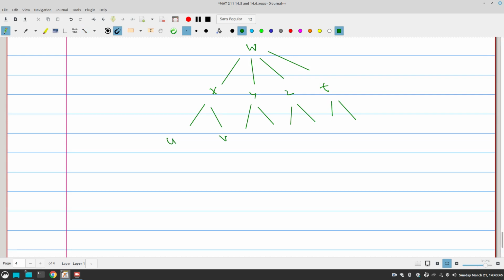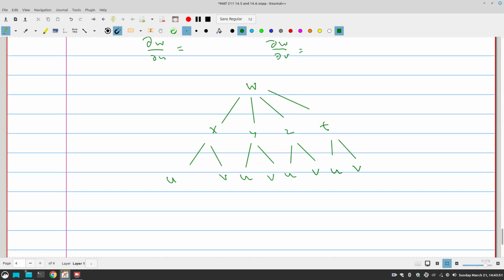If you differentiate along this branch, you get dw over dx. Differentiate along this branch, you get dx over du, and so on. So this is dw over dy, this is dy over dv, and this is dy over du. There's not enough room, so I won't write all the derivatives.